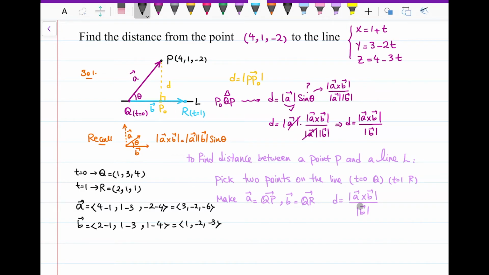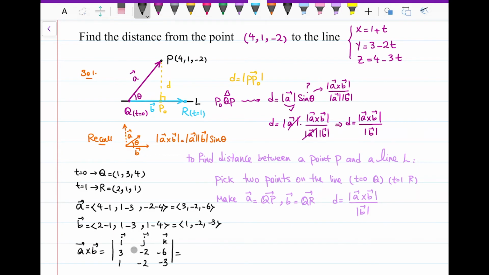And now I need to find this formula. So I have A cross B that I need to find. A cross B would be the cross product, the determinant of a big matrix, 3 by 3. On the first row, I have I, J, K. Second row, I have the coordinates of A, which would be 3, negative 2, negative 6. Then I have the coordinates of B, 1, negative 2, and then negative 3.